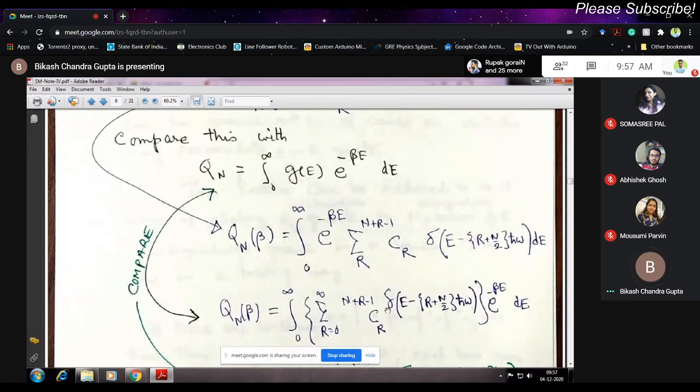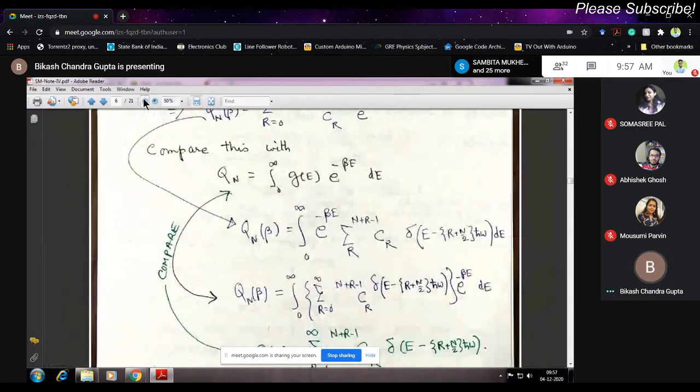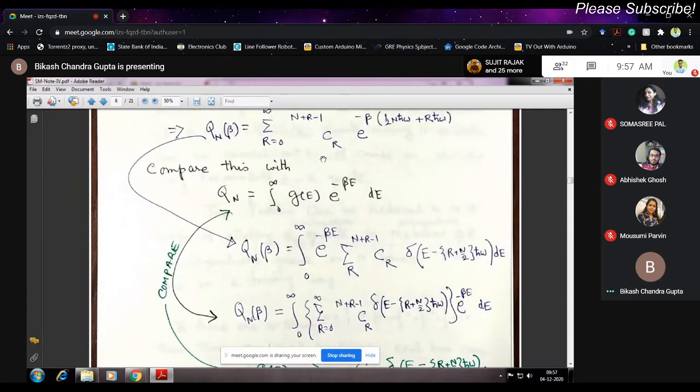So this is the same as, now let me bring the two together. If I bring these two together, and you integrate out, then it will converge to this, right? Because E will be replaced by this, and therefore you will have this. So this and this are the same.